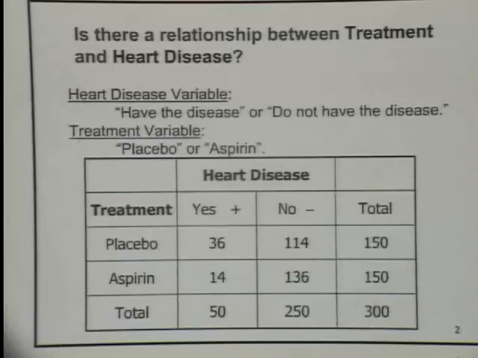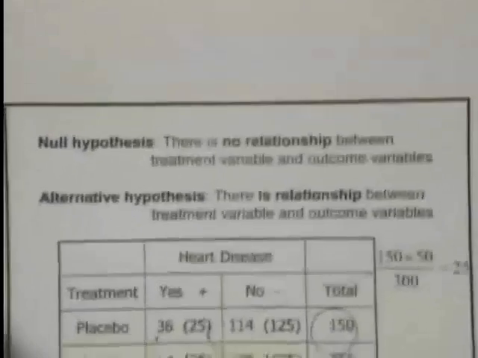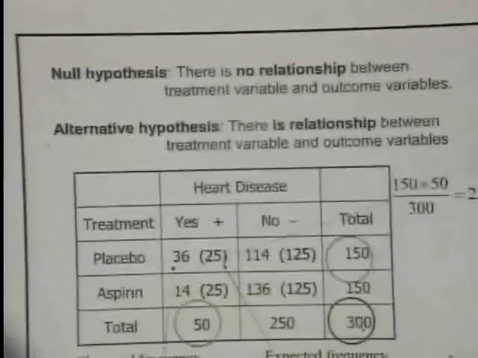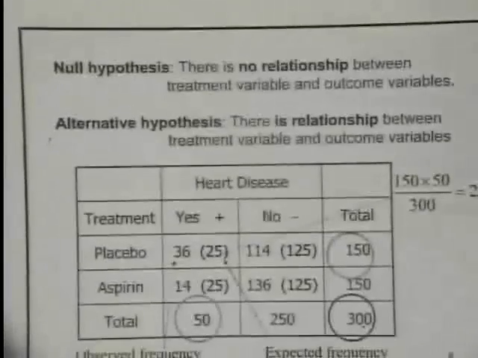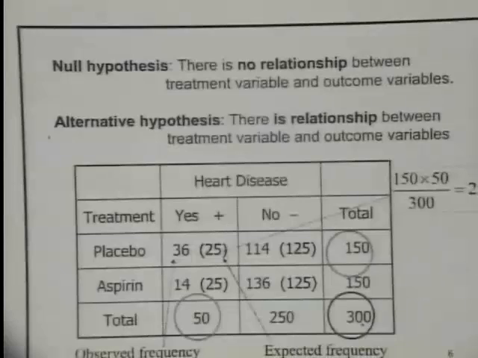For testing a mean, the null is the mean equals a certain value, and the alternative is the mean is greater than or less than. Just write it out instead of using math notation. It's fine. In this case, you can write the null hypothesis as: there's no relation between the treatment variable and the outcome variable. And the alternative: there is a relation or correlation between treatment and outcome variable.